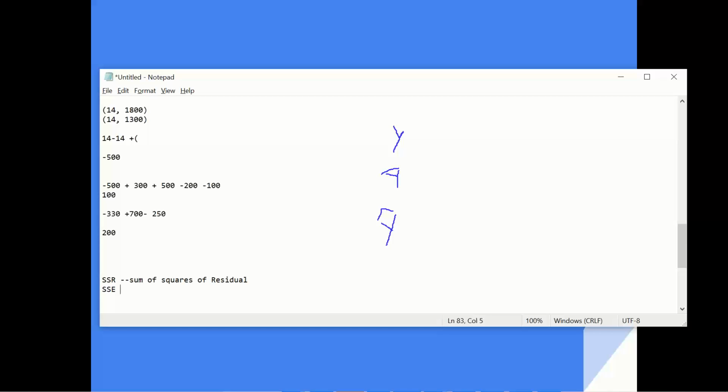SSE is called the sum of squares of error, and SST is the sum of squares total. Correct?